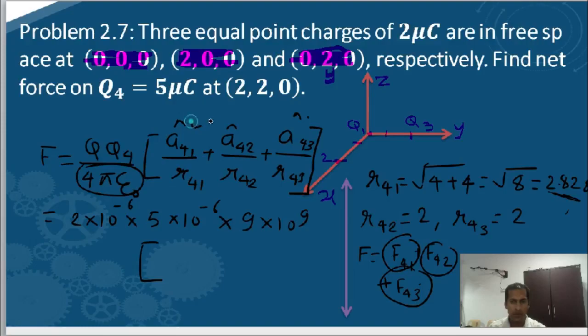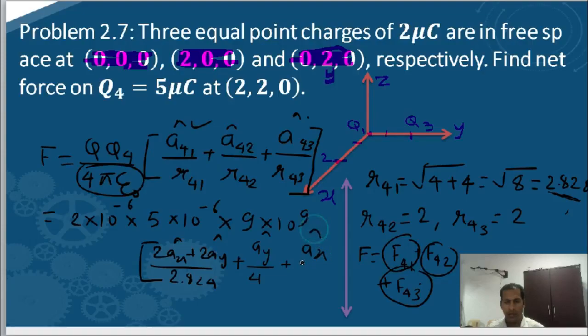The first one is 2ax cap plus 2ay cap divided by 2.828, then plus the next one, ay cap by 4. Similarly the third one is ax cap divided by 4.